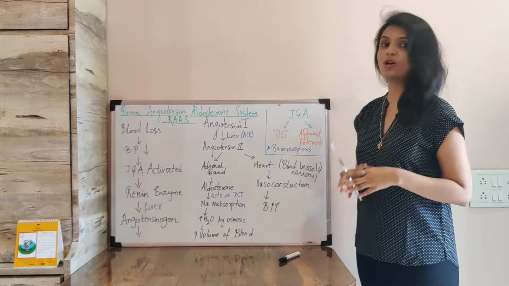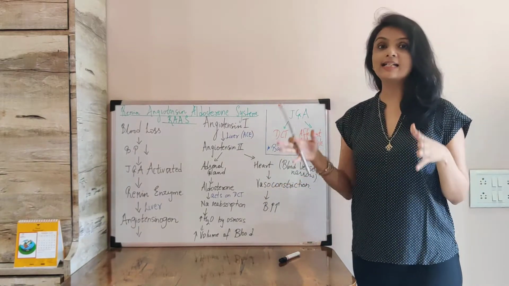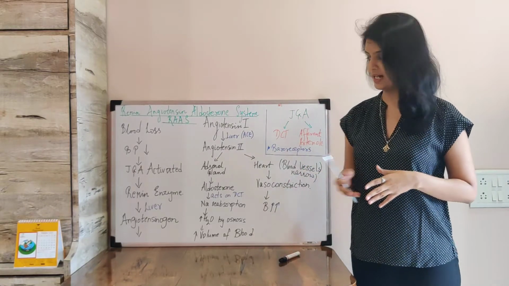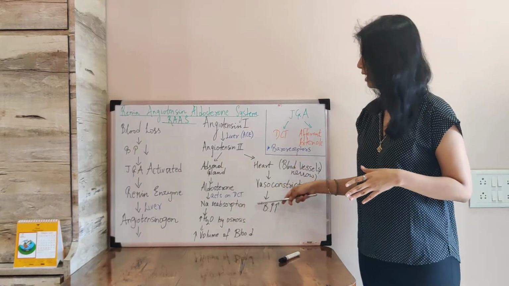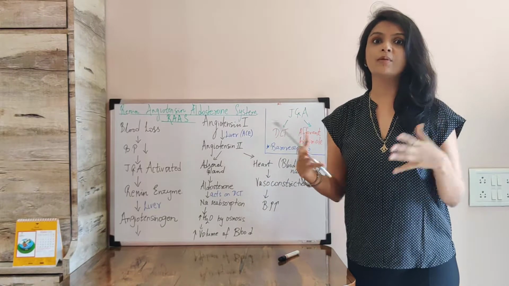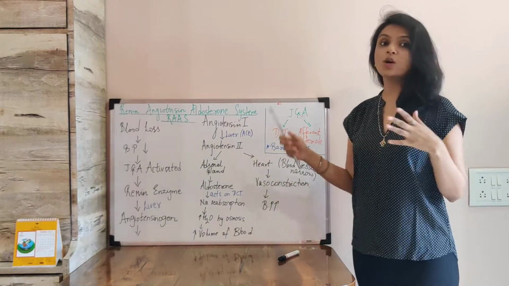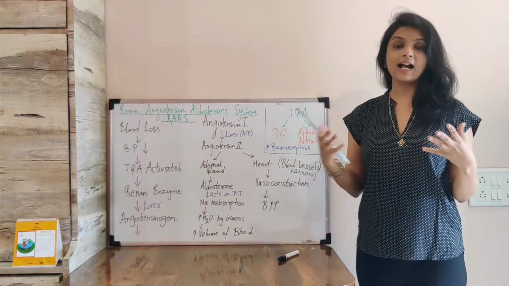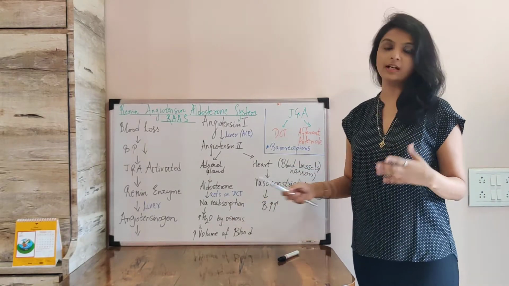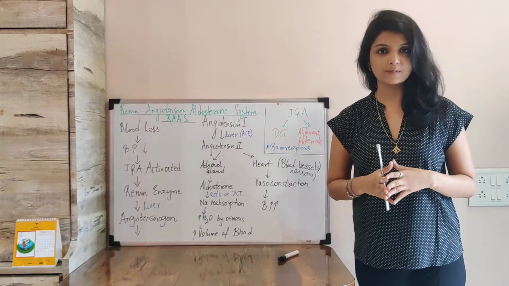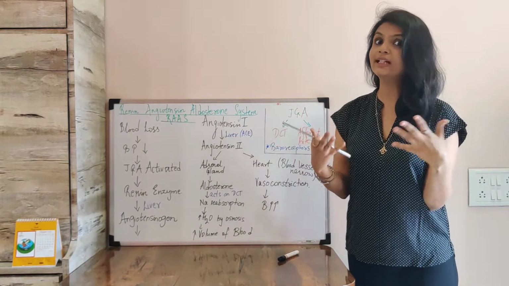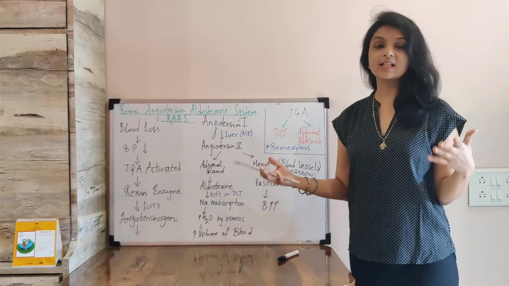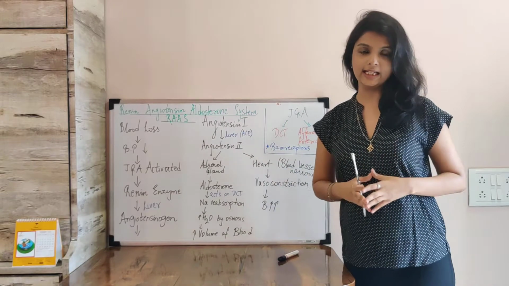This aldosterone acts on the distal convoluted tubule, and it plays a role in increasing the sodium reabsorption. If the sodium reabsorption increases, it further increases the water level by the process of osmosis. So if the water level increases in the blood, obviously the volume of our blood also increases.